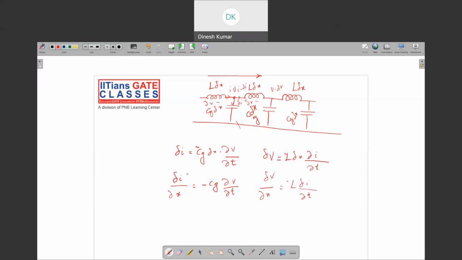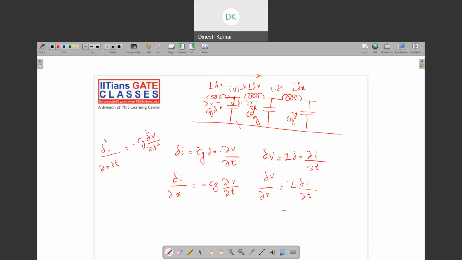Now we differentiate this with respect to t, because here dou I by dou t, here dou I by dou x. So with respect to t here, that is dou squared I by dou x dou t, equal to minus Cg into dou squared V by dou t squared.